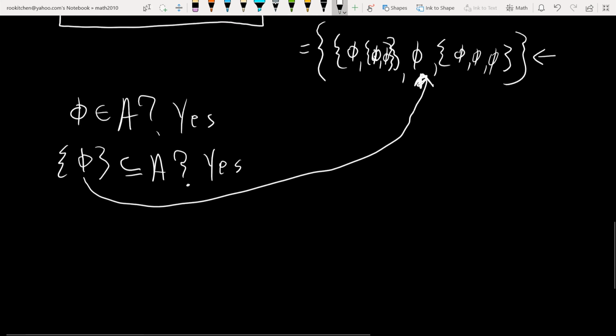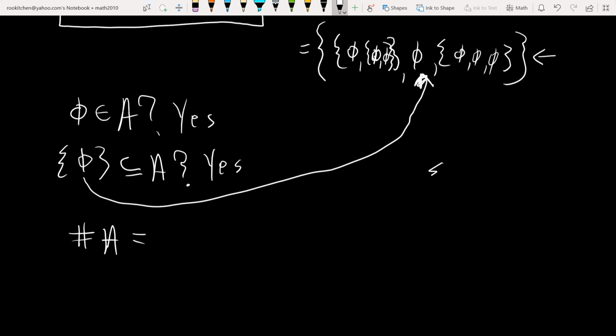More weirdness, right? How many elements are in A? So how many things are sitting in A right now? One thing they do to say that two sets are equal to each other is that they have to have the same number of elements.